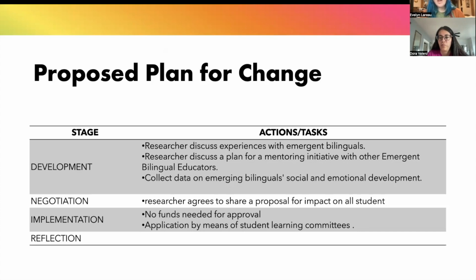So I hope that with this new awareness of where participatory action research comes from, and the actual process of how to go about creating change, and also keeping in mind some of the emergent problems and risks that come from it, maybe participatory action research is something that you would be interested in doing as well. I know that we are very excited about it. So do you have anything else to add, Dora?